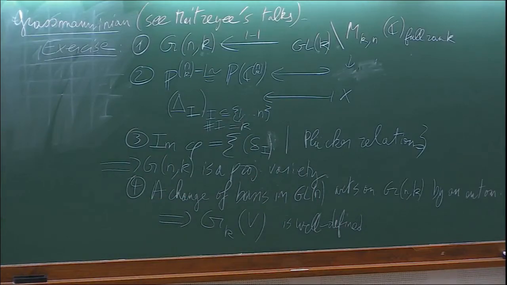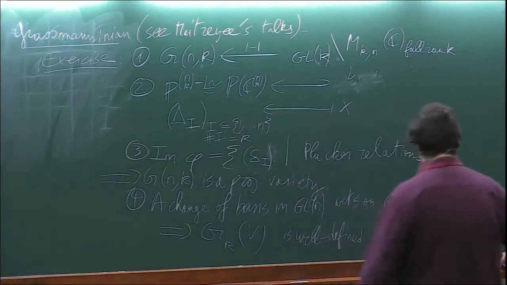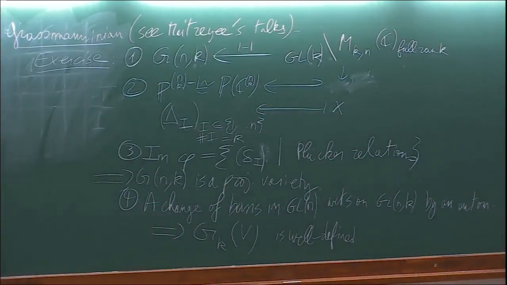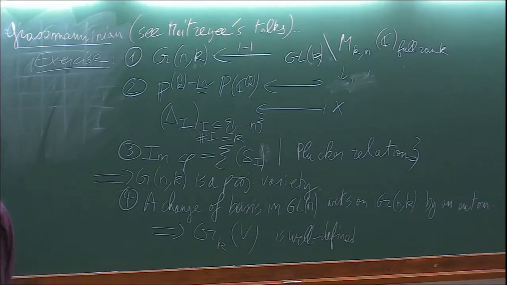Okay, so now I have Grassmannians, but I want a bit more about Grassmannians, but you will see it's not that difficult. So now I start to be in the situation where I need to keep most of the things on the blackboard. Now I need another version of Grassmannian.